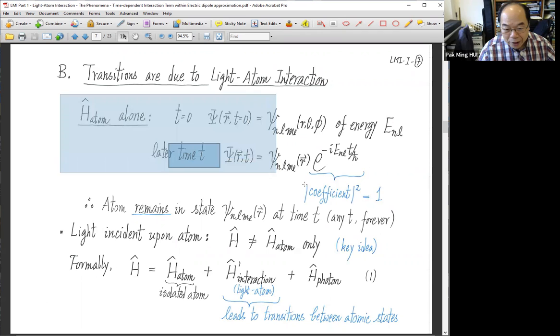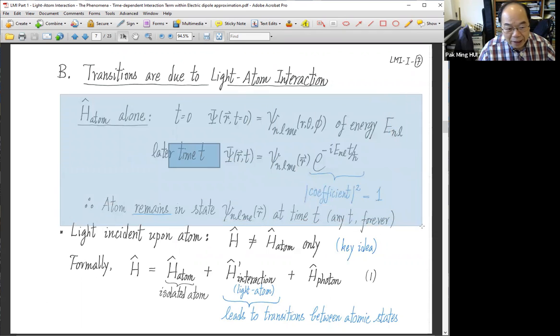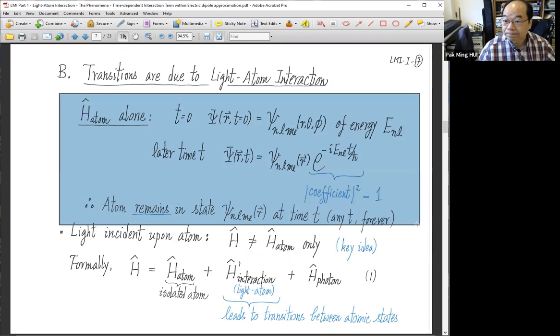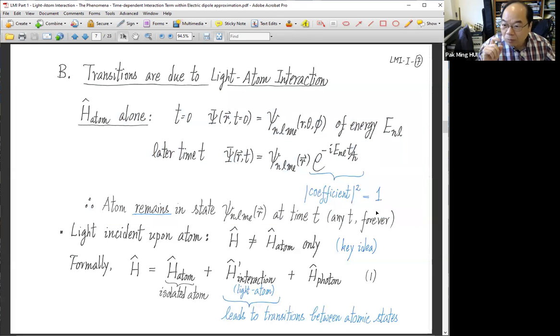Well, if you only know this part of quantum mechanics, which is good, there will be no transition. Atom in an eigenstate at time now, it will be in that same eigenstate forever. There will be no transition. But Schrödinger quantum mechanics works. We don't need to learn something new.